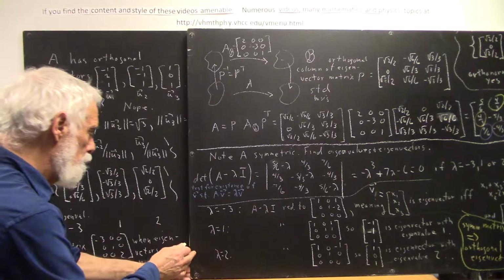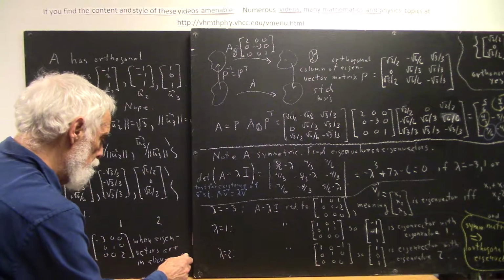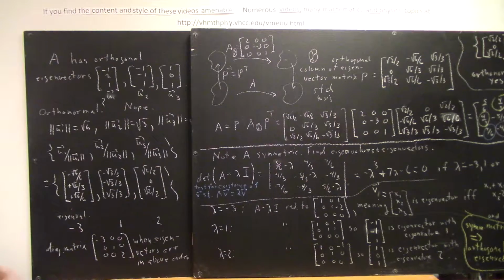Not sure I got that last word in there. I think I made it, and hopefully you can see it. Okay, when the eigenvectors are in this order, there's our matrix.